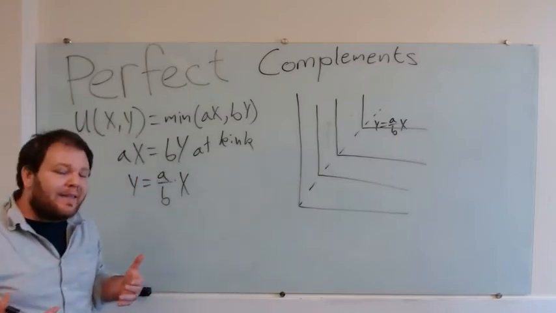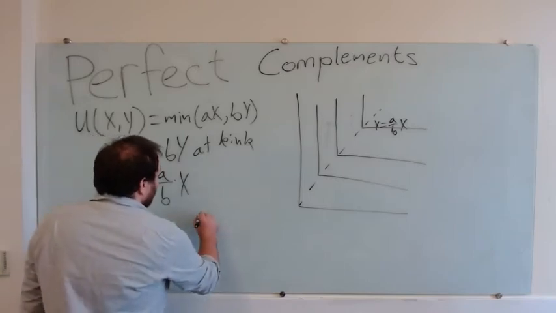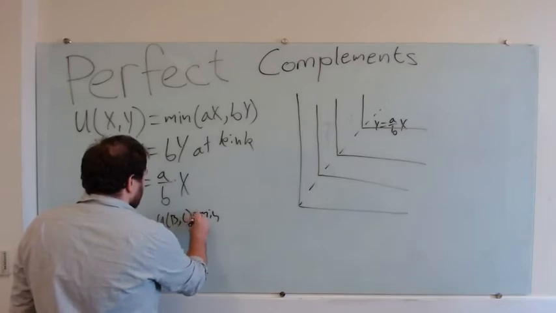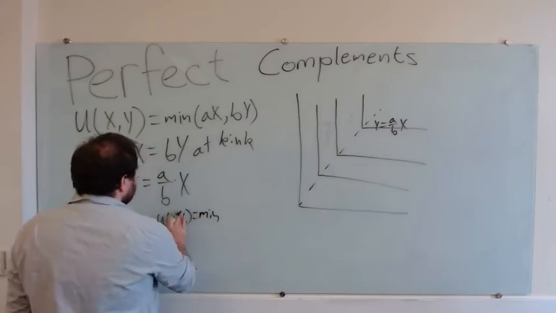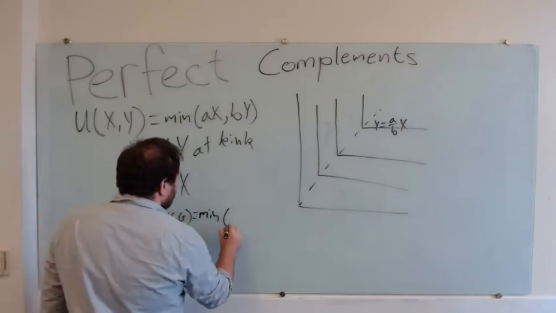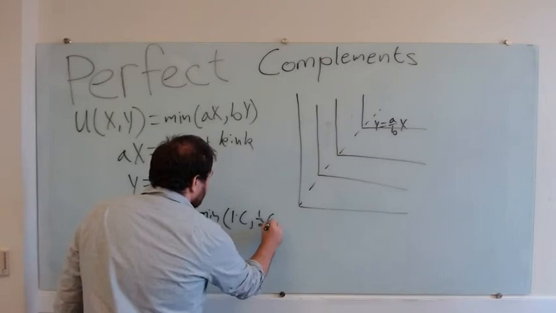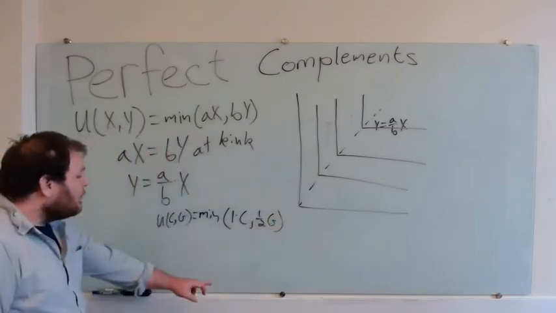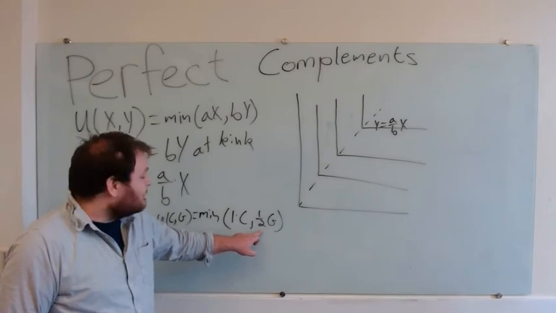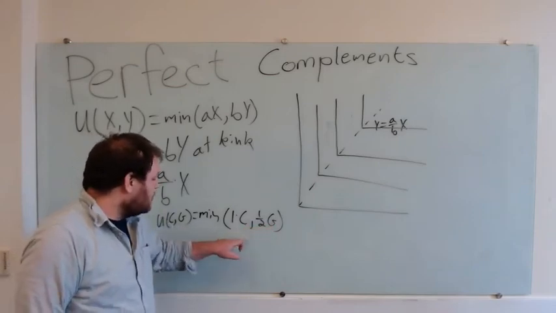And the reasoning behind this is maybe a little easier if we look back to the bikes and chains example, where we said utility of chains and gears, c and g, is going to equal the minimum of 1 times c and 1/2 times g. The coefficient we had in front of g was smaller because of the fact that we need more gears for each chain.